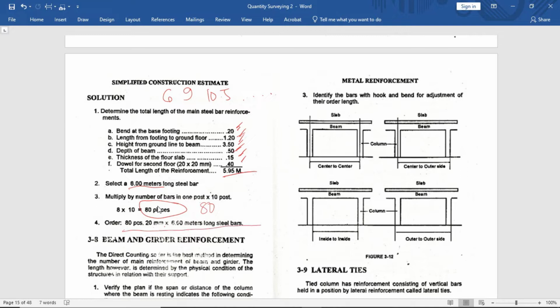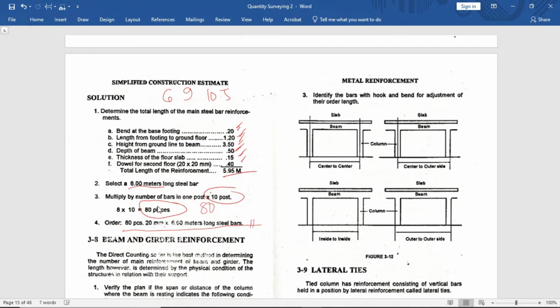Yan yung kailangan nating steel bars sa problem natin, kasi 10 posts, 10 poste yung meron tayo sa plano based sa given natin. Remember, ito pa lang yung number of steel bars for the first floor.